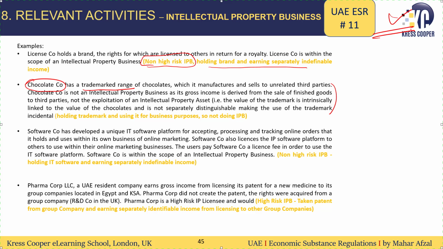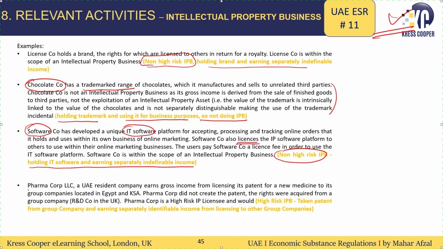This trademark is being used for the business purposes, so it will not be subject to ESR because this is not intellectual property business. In the third example, they said a software company has developed IT software and this software is being given to another company against which the company is charging a license fee, so it will be considered non-high risk IP business and it will be subject to ESR.